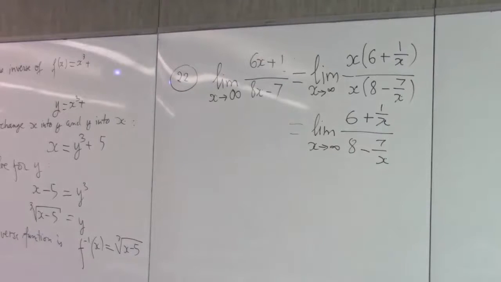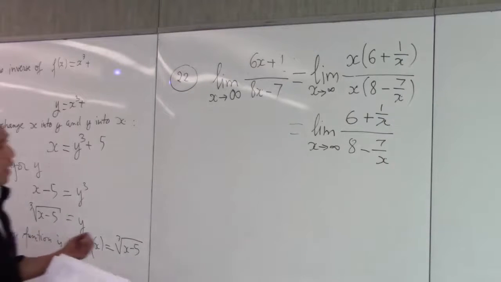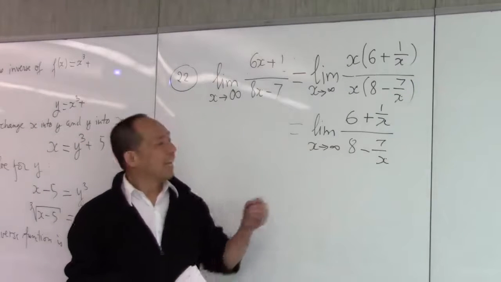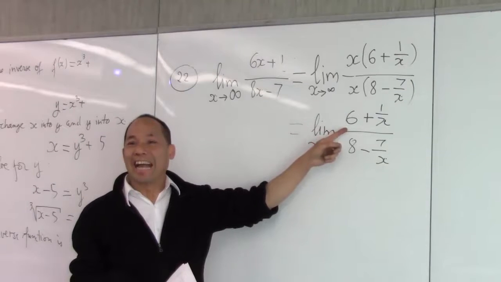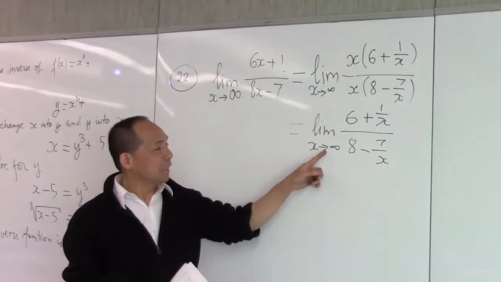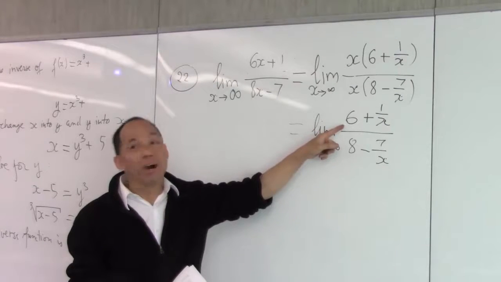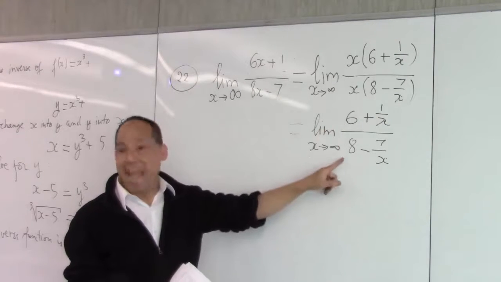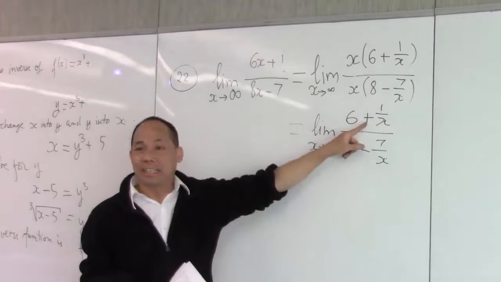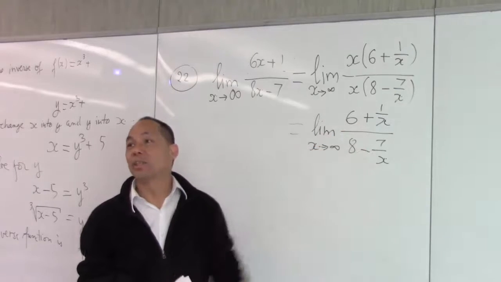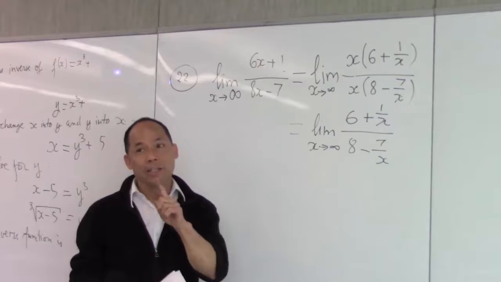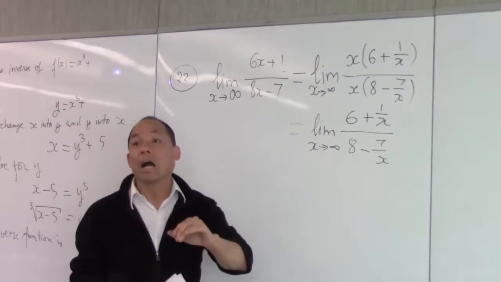You have to write correctly. And now, when you plug in, it's okay. Because when x approaches infinity, 6 is always 6, a is always a, and 1 over x is 0, and 7 over x is 0. Now, when you plug in, you are not stuck.